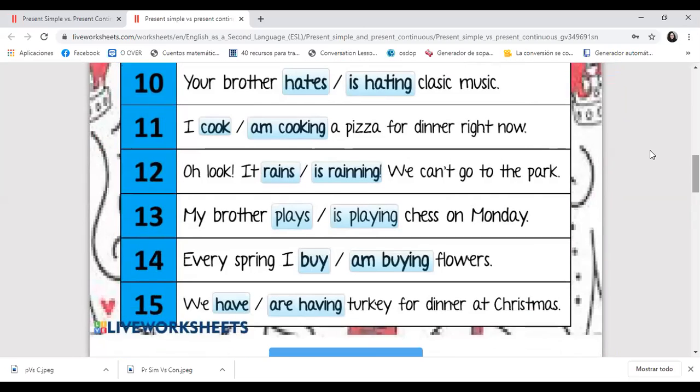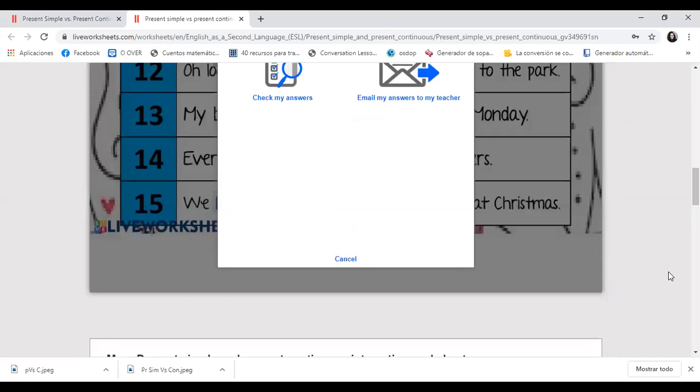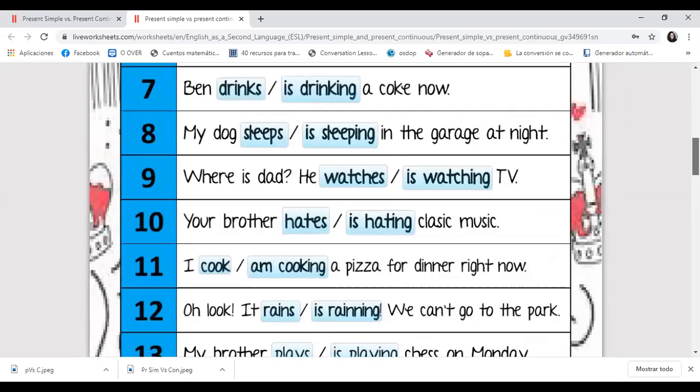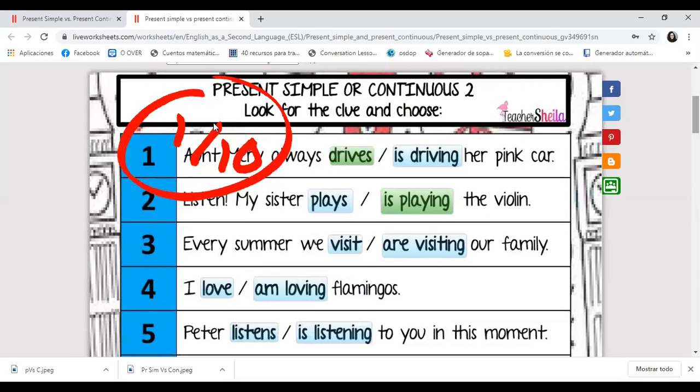You have only to choose, only click the correct answer. And then when you finish, click here, check my answers, and then you go back here. The green answers are the good ones, and here you have the total percentage of the answers that you did well.